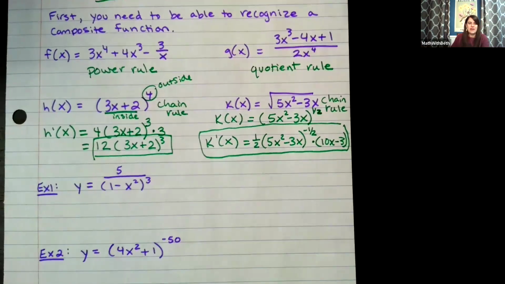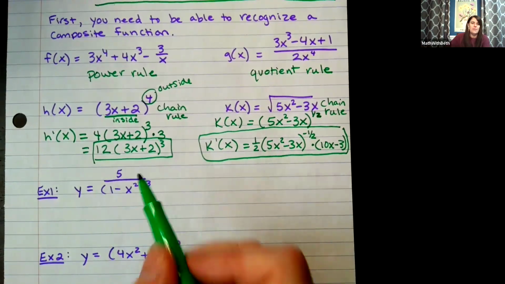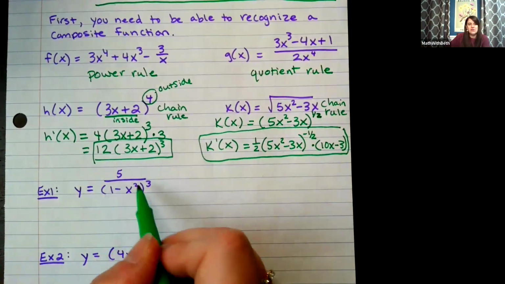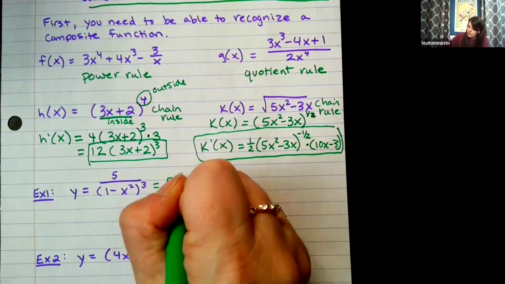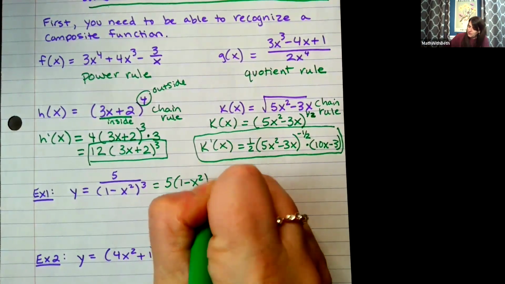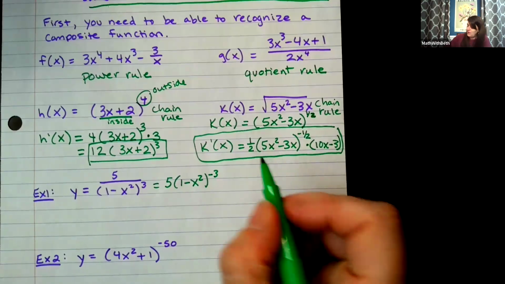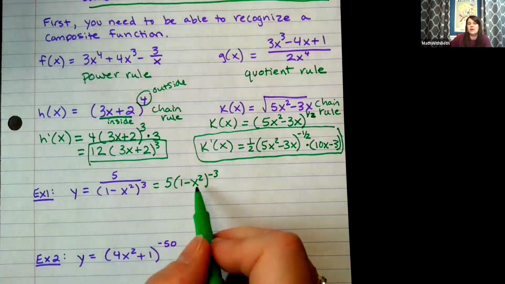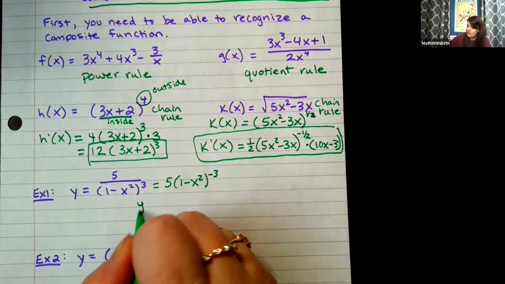The next one has a lot going on. First, it looks like I would maybe use the quotient rule. But then I do have a function here inside another function. So the first thing I'm going to do, just because I don't love the quotient rule, is rewrite this like that, because now I don't have to do the quotient rule. Now I'm just going to focus on the outside function and the inside function again. So I'm going to do the chain rule.